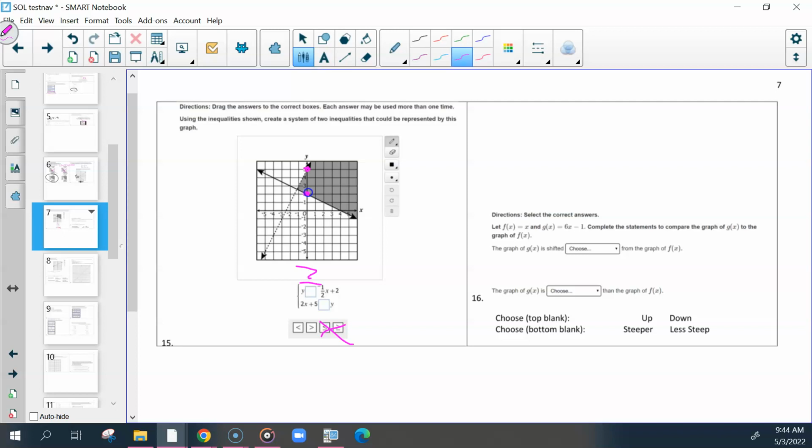Now this one is weird because of the way it's written, so if you wanted to rewrite it, it would be y is less than 2x plus 5. But because this is flipped, y has to be less than, so this would be, our function is greater than 1.